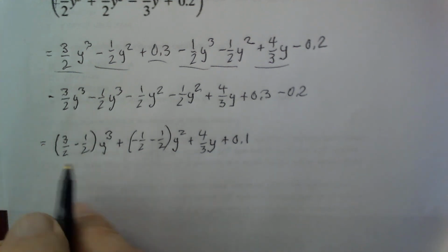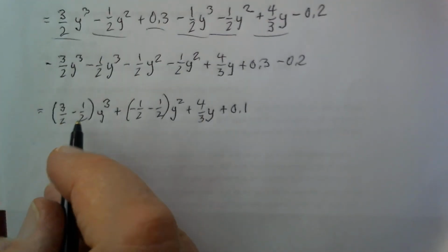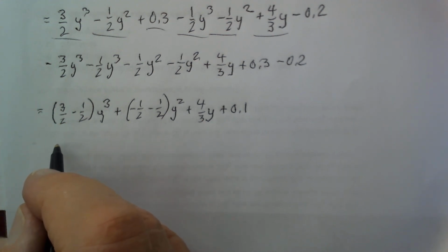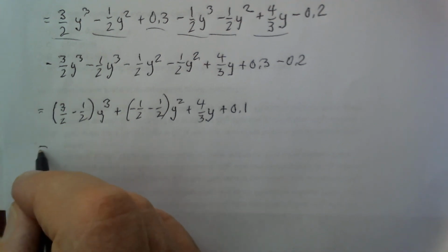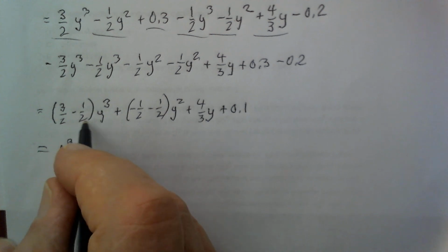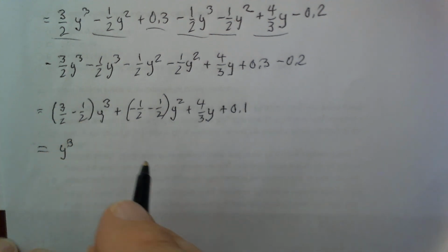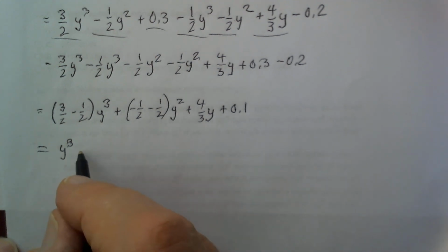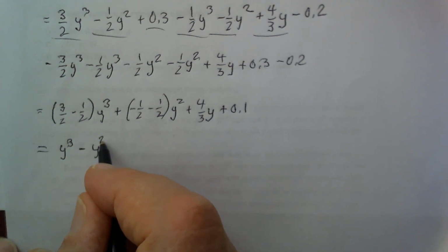Now, inside the parentheses here, 3/2 minus 1/2 is 2/2, and 2 divided by 2 is equal to 1, so that's simply y to the 3rd, combining 3/2 and minus 1/2. And then minus 1/2 minus 1/2 is minus 2/2, and minus 2/2 is equal to minus 1, or minus y to the second power.